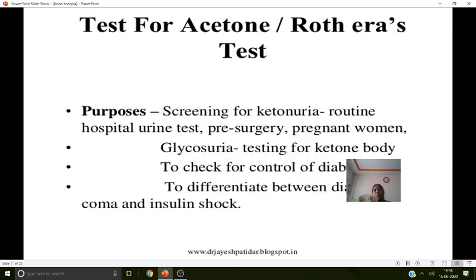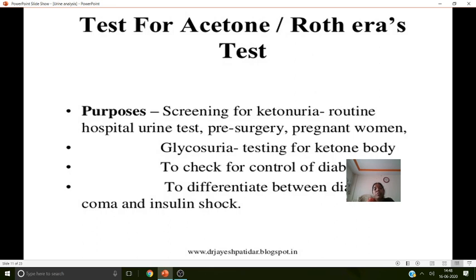And the test for acetone, or Rothera's test. We perform the Rothera's test to check for the presence of any acetone in the urine. So, screening for ketonuria, that is a routine hospital urine test, for pre-surgery and pregnant women. If any ketones are present in the urine, we can also observe them by Rothera's test. Why are we doing this for ketone bodies?